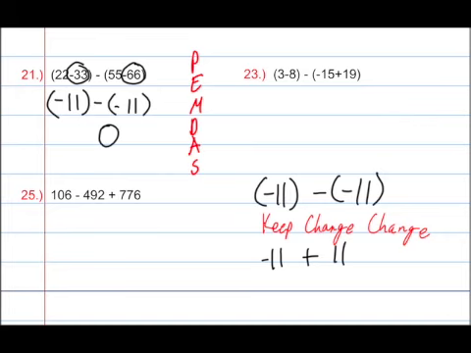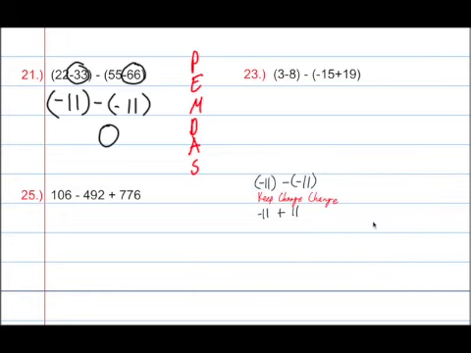One more way to look at it. Let me make some room. So we have that way, and also we can think of negative 11 minus negative 11 as a multiplication problem. So if I have negative 11, I'm going to keep this, but I'm going to say what's a negative times a negative? Well, your answer should be a positive.